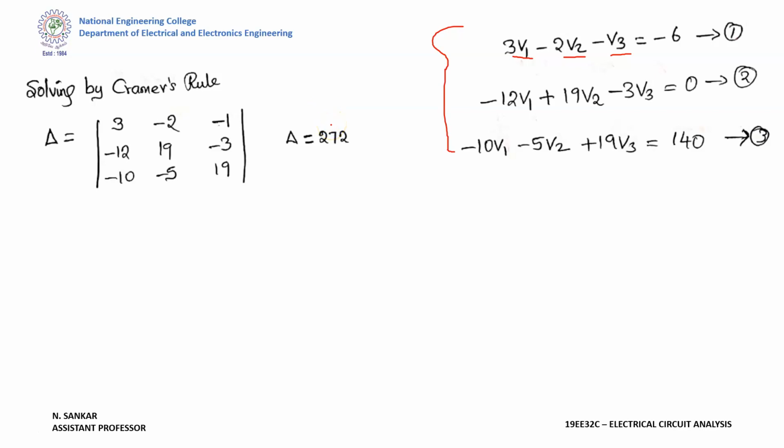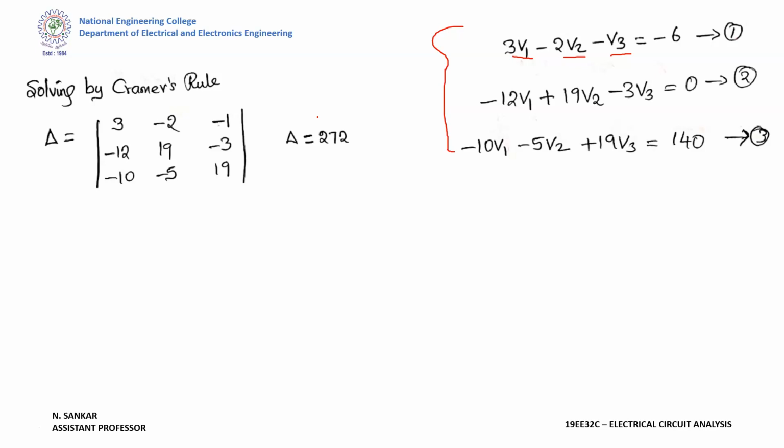Either you can calculate as usual, like 3 into 19 into 90 minus 15 plus of 2 into minus 12 into 19 minus of minus 3 into minus 10, and then minus 1 into minus 12 into minus 5 minus of 19 into minus 10, like this. Or simply you can use your calculator to calculate the determinant. Okay.